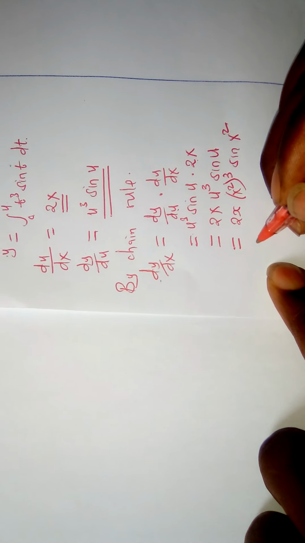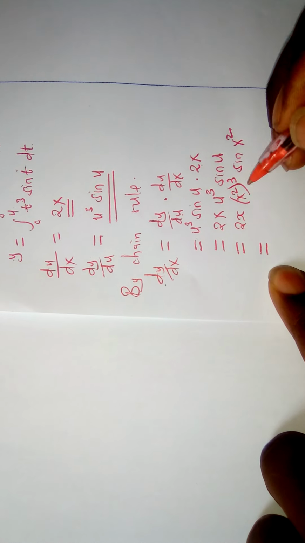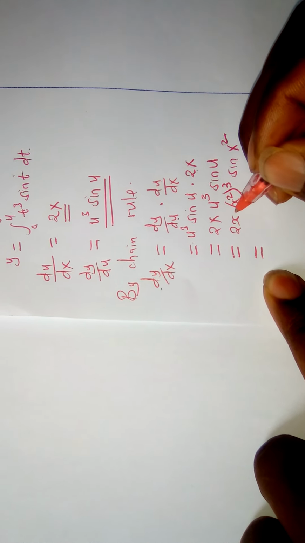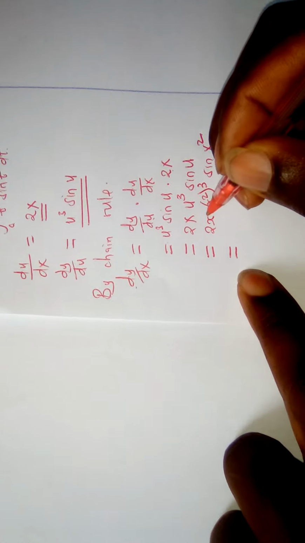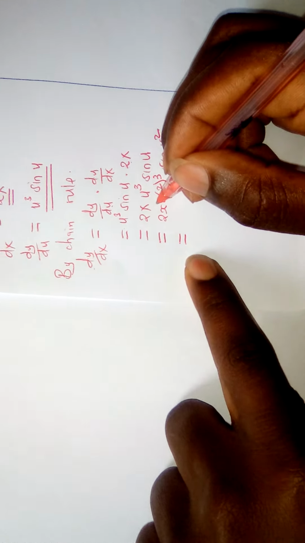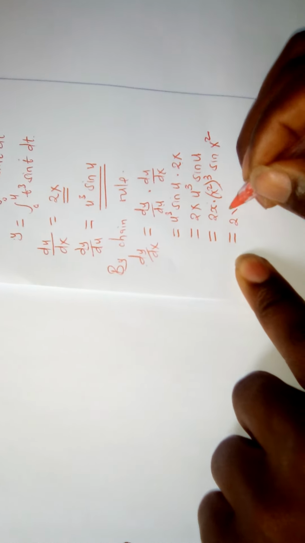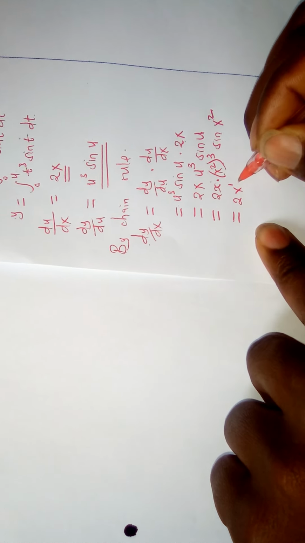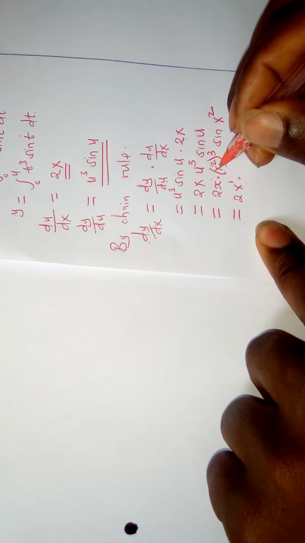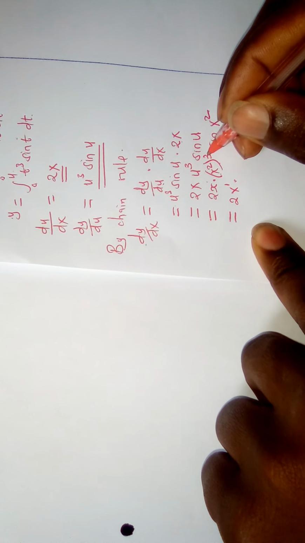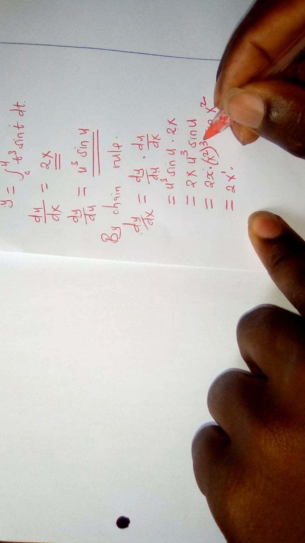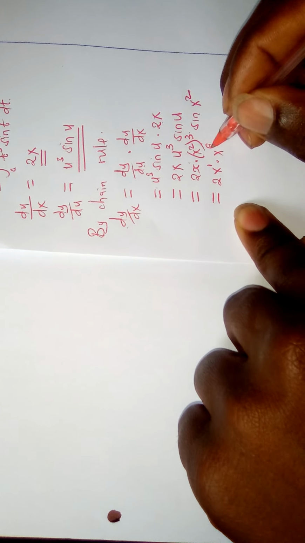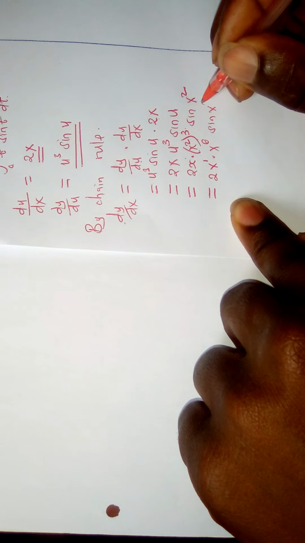Now after this, you can work this out, because the sign separating 2x and this other side is a multiplication. The power on this x is just 1. So when I have 2x raised to 1, dot means multiplication, then I have x squared raised to 3, that means 2 times 3, which is 6, meaning I'll have x raised to 6 here, sine x squared.